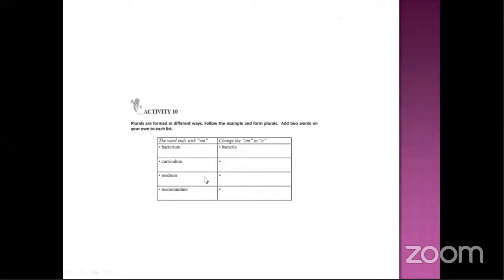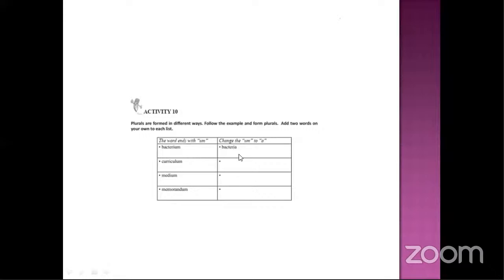Yes. So what is the first answer? Bacterium. The plural one is bacteria. Next one, curriculum. Then what could be the answer? Curricula. Okay, now here the words or the nouns end with these two letters, um.